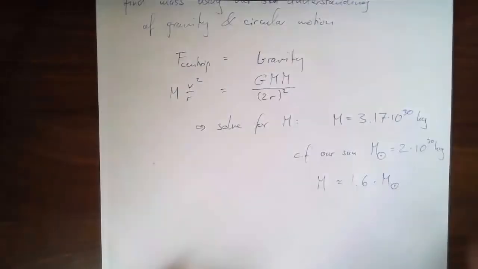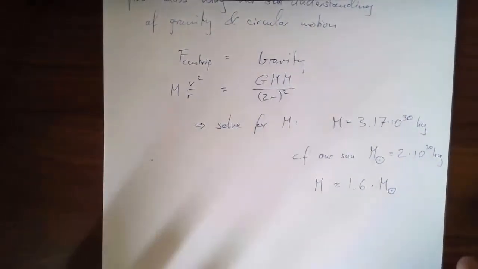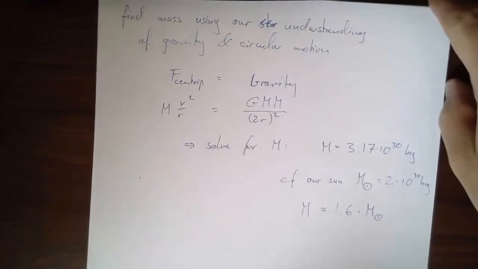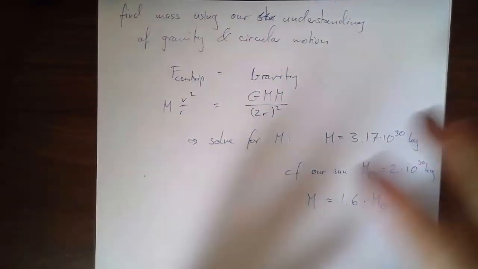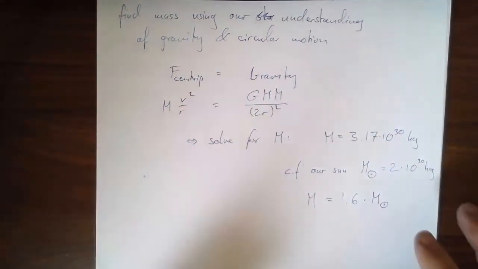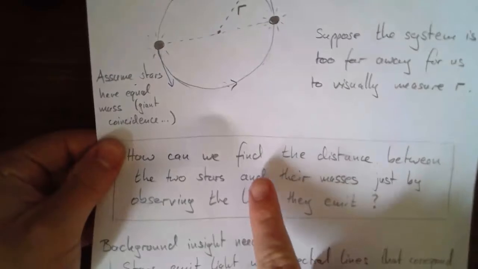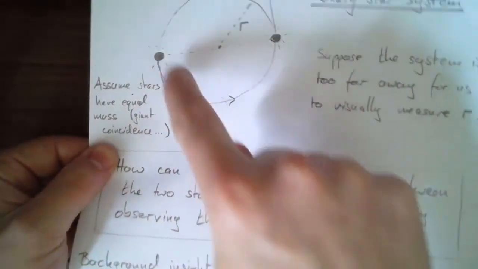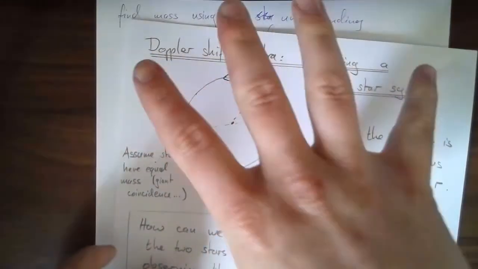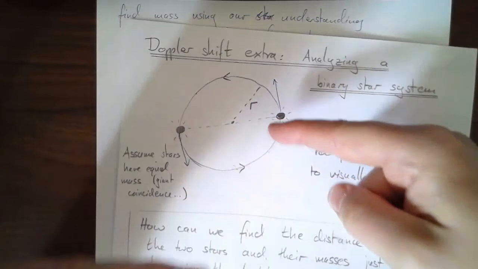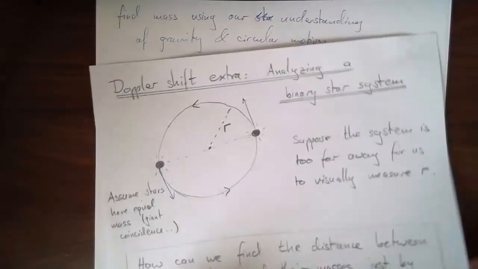Now, of course, this was a very simplified example, right? How would we know that the masses of the stars are the same? Well, we'd have multiple patterns to work with. We can use other physics that we know. Maybe, realistically, we would not see that system edge on, right? Maybe we'd look at it from above, and then the stars wouldn't be coming towards us in a straight line ever.